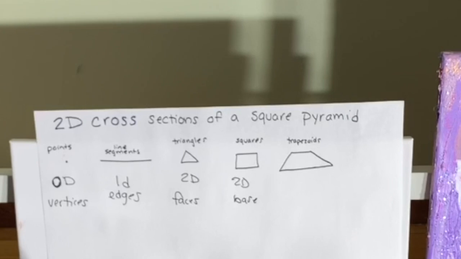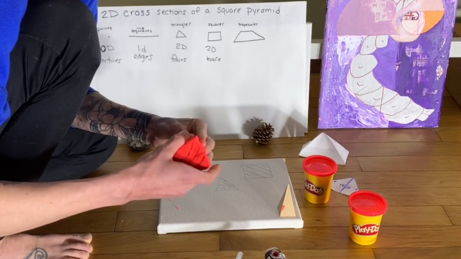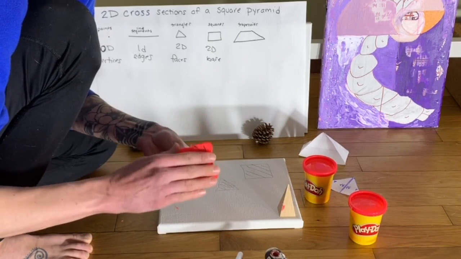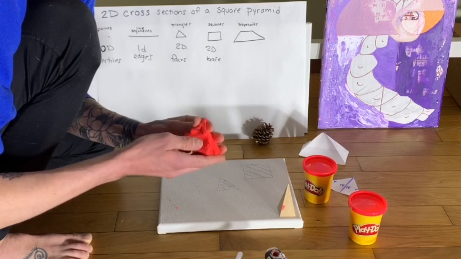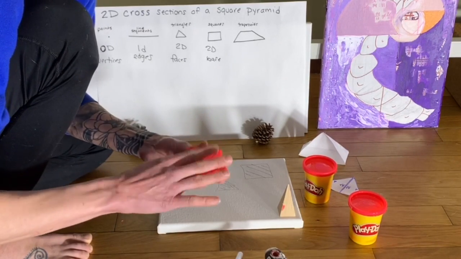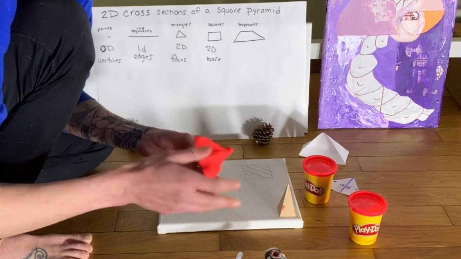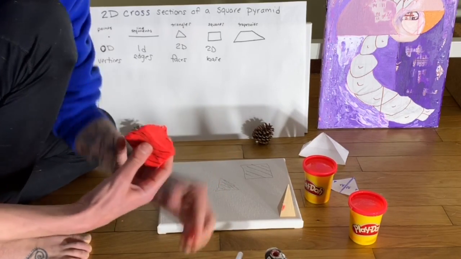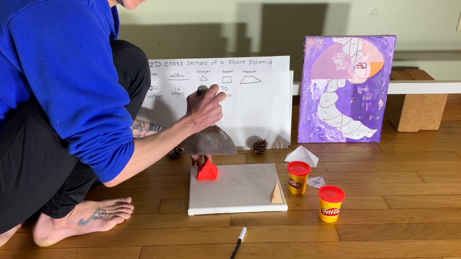How do we form the trapezoid? Something a lot of my students try to do when they do this activity in the classroom is use multiple slices, and that's all well and good, but traditionally when you think about cross sections of an object, it's with one slice. So we'll see how we can form a trapezoid with one slice. If I go straight through the apex, I'll get an isosceles triangle.